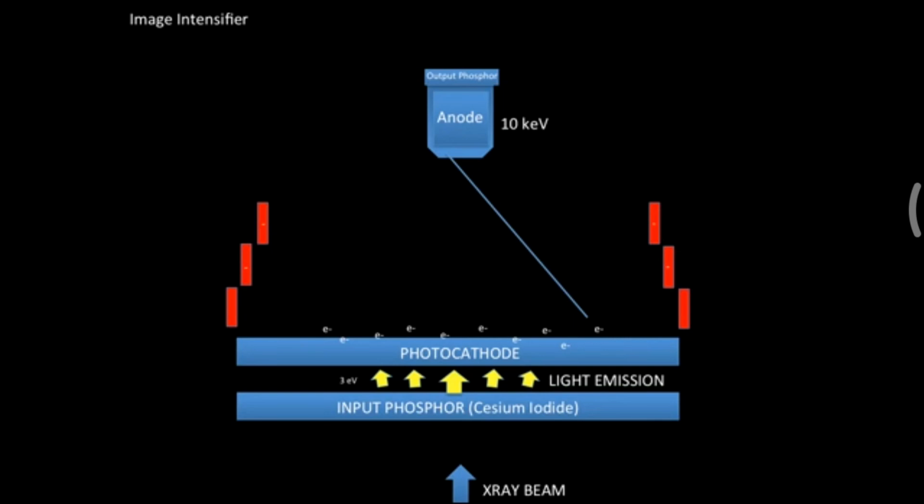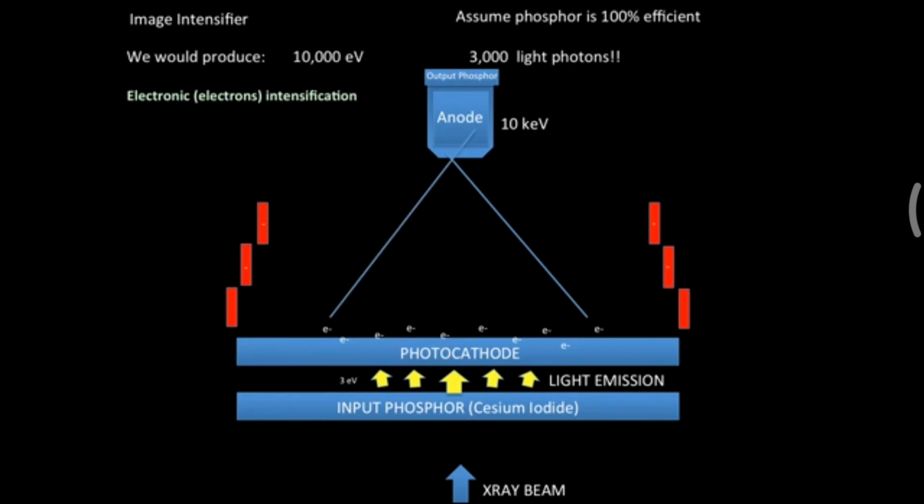So we go back to light emission, and then this light emission will be brighter, and that's the emission that is recorded by the camera and then sent to the TV system. Therefore, by this potential, assuming we have a phosphor that's 100% efficient, which is really not the case in reality, but approximately you would be producing 10,000 electron volts and yielding 3,000 light photons.